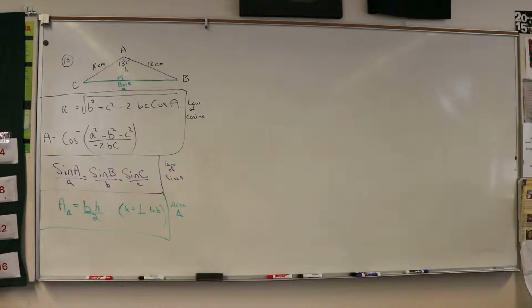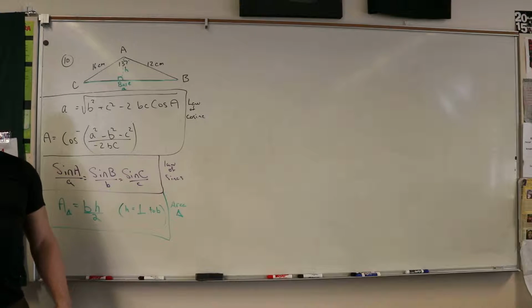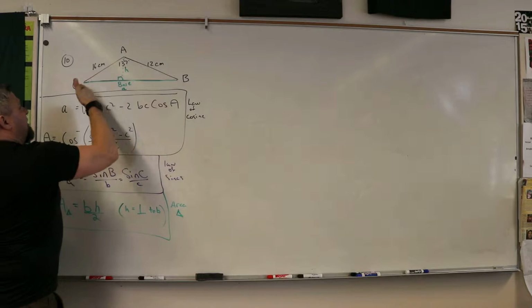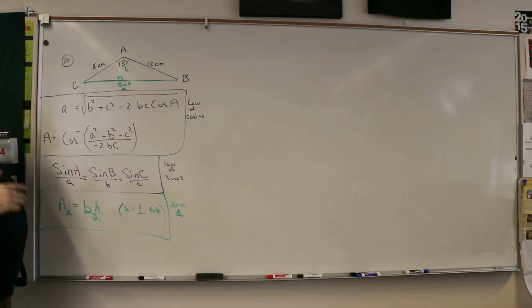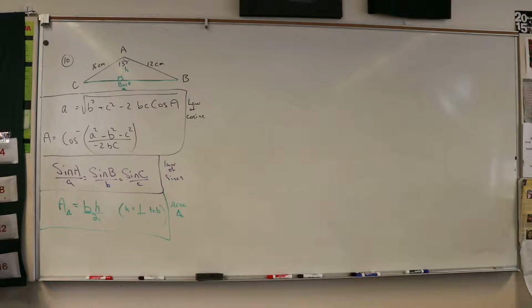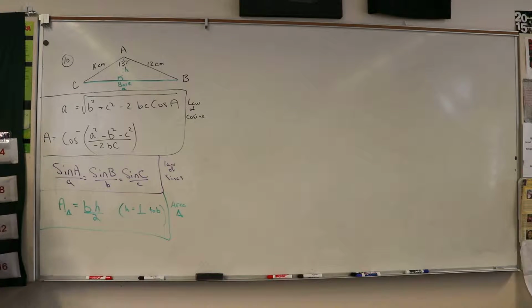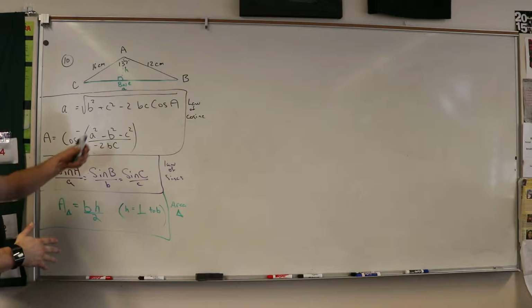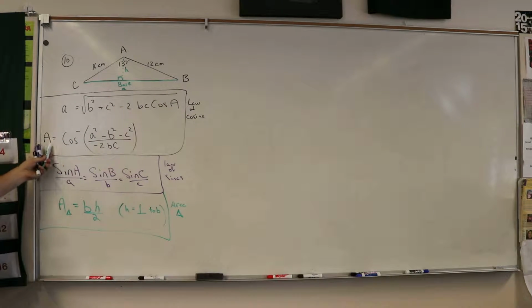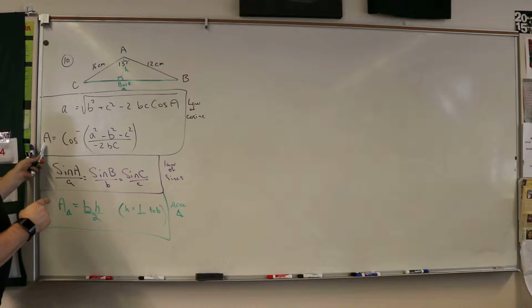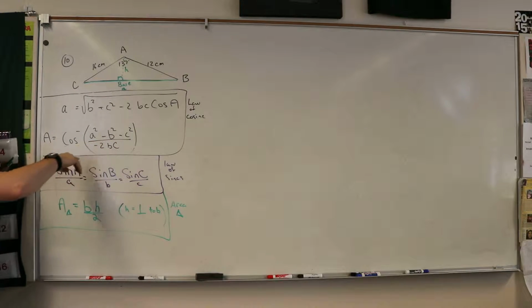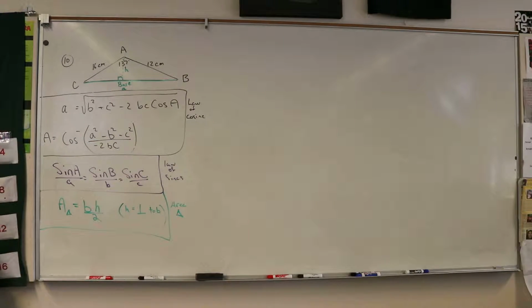How? To find the height, I need to use either C or B. Doesn't matter which. Let's use B. So I can find B if I look at it from this point of view. But if A is equal to this, how are we going to replace it with B?